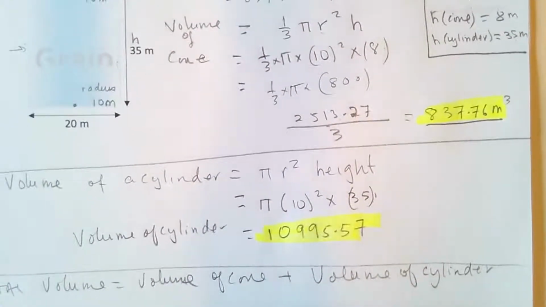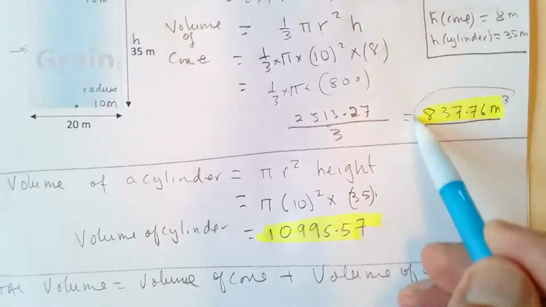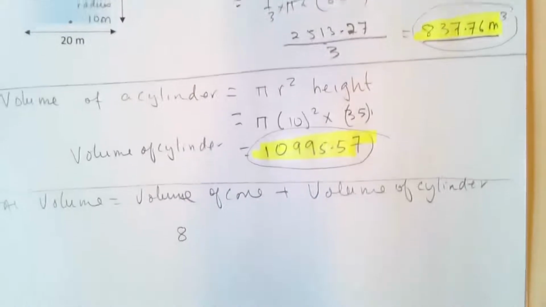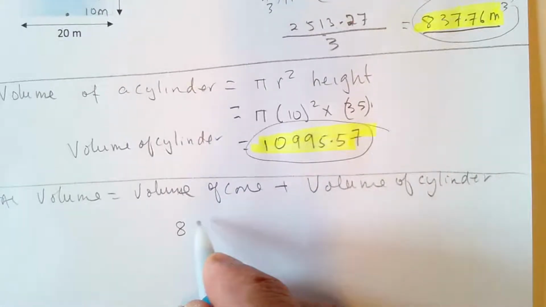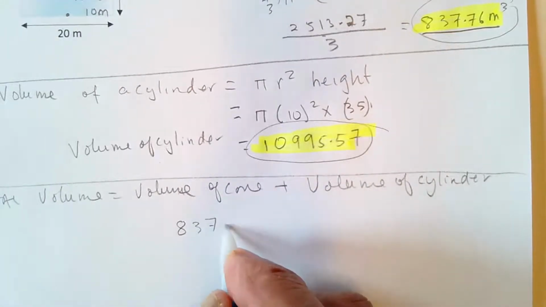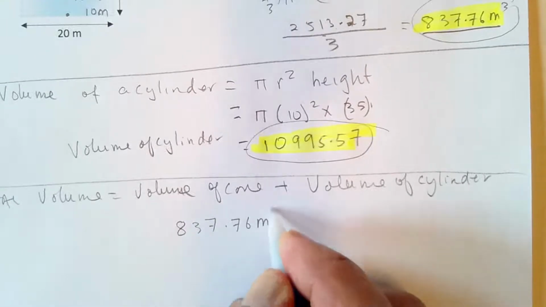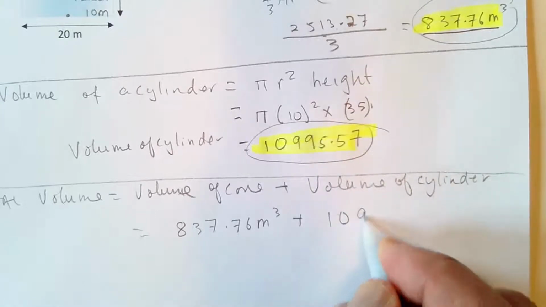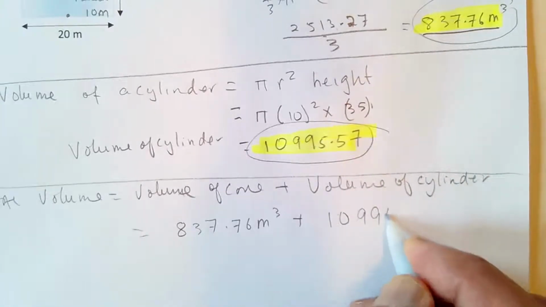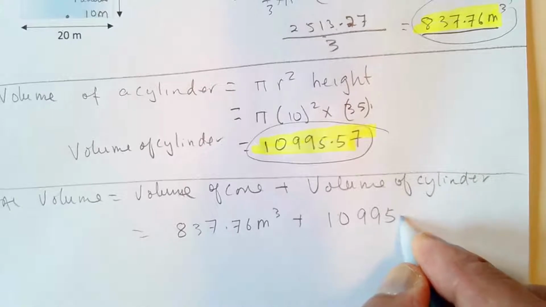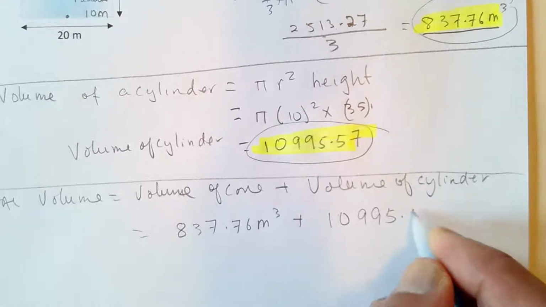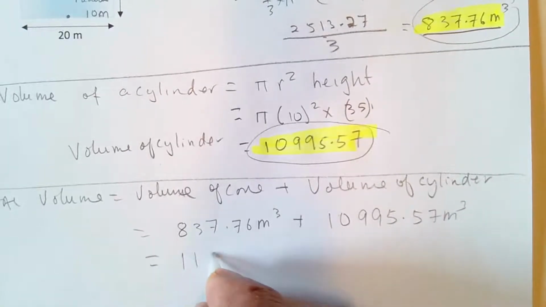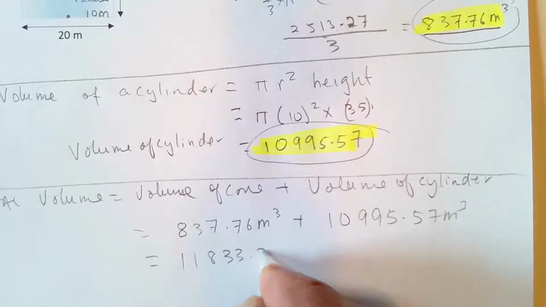So here we have the volume of a cone and the volume of a cylinder. So it's 837.76 cubic meters plus 10,995.57. Add the two, we get 11,833.33.